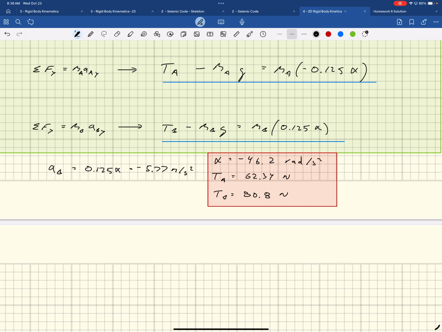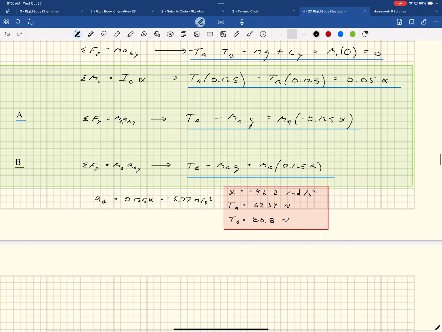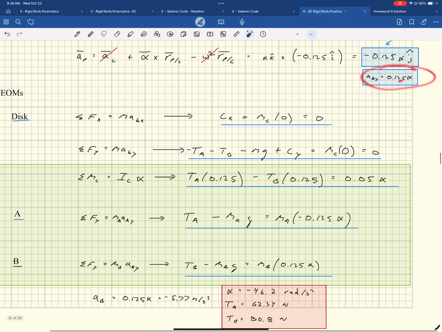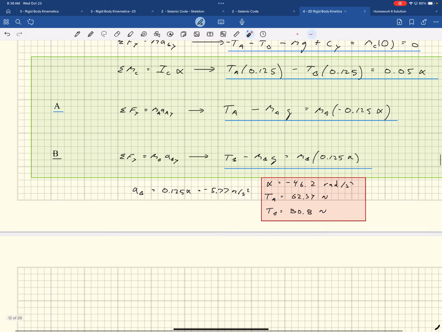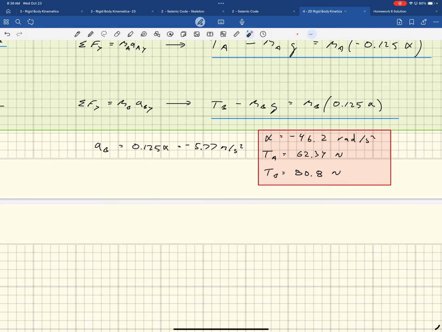Once I figure out what alpha is, which I just solved for, I can put that back into this ABY. That gives me my acceleration in the Y direction of negative 5.77 meters per second squared, and that is a constant acceleration.